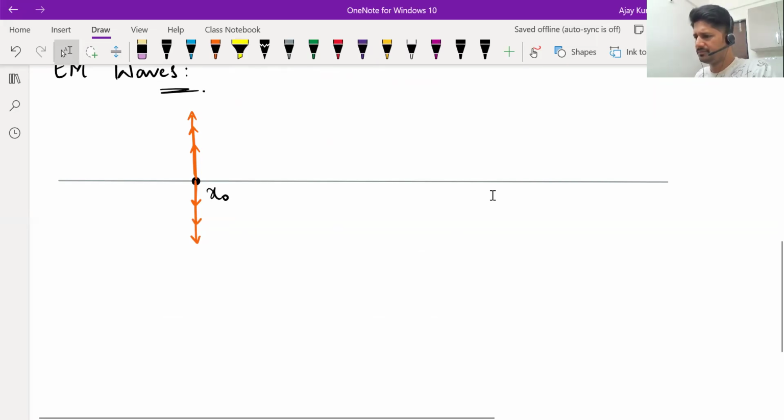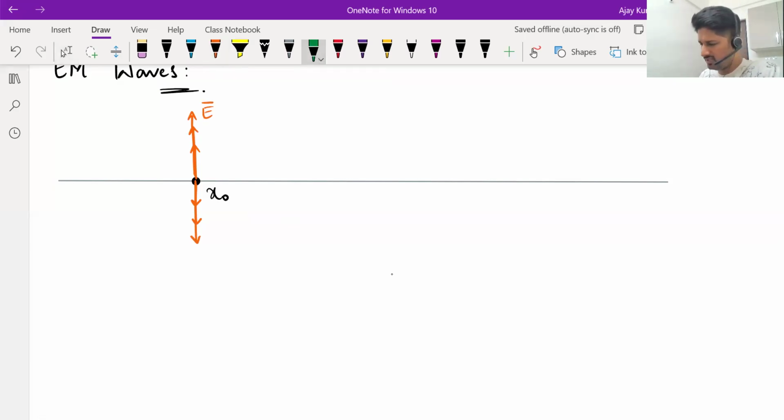Okay, can one of you tell me how electromagnetic waves are generated? What produces or releases electromagnetic waves? Time varying electric field and magnetic field. Okay, but how does that get produced?